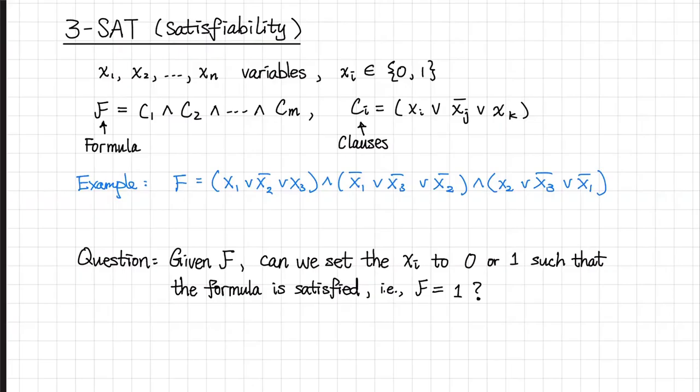With that said, imagine you have 1 SAT. What does 1 SAT mean? There is only one variable in each clause. How long does it take you to verify this formula is satisfiable? Satisfiable means this formula can equal true.